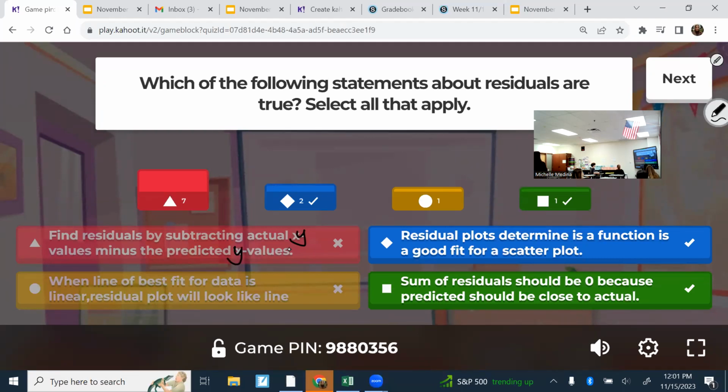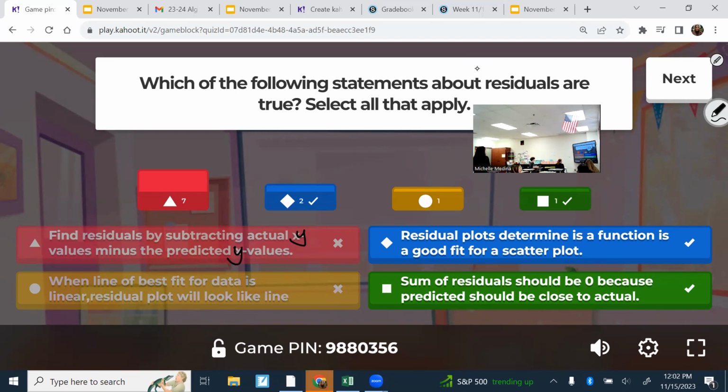How do you know based on the residual plot if it's good? Where should it be close to if it's good? Which line exactly? So like a question on your test, and I told you when you did the notes, and I told you when you did your homework, you see something like it again.